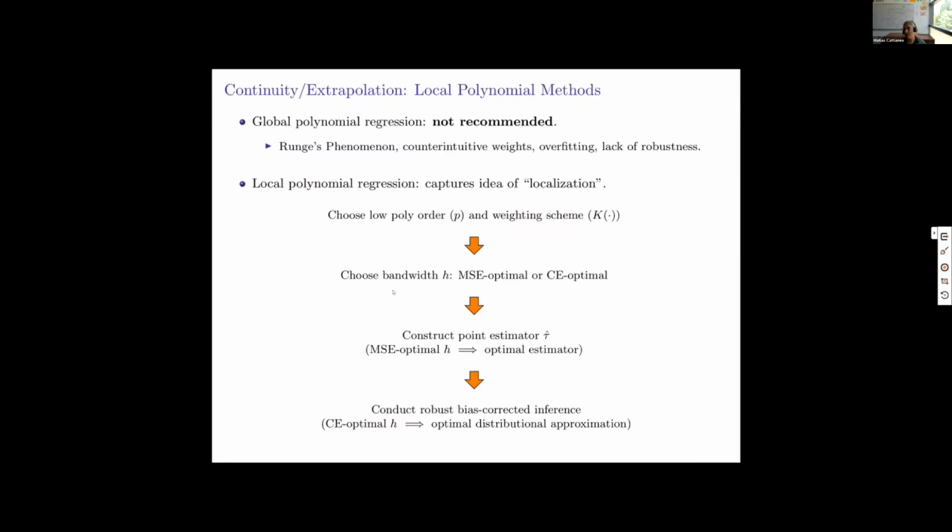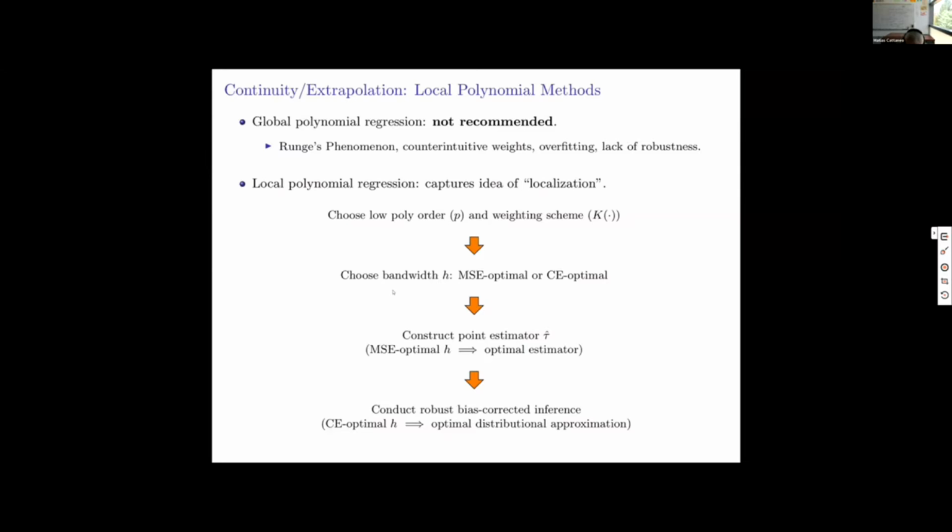So in the local randomization setting, instead of h, we use the notation of little w, just to mimic the edges of the window where the local randomization assumption was believed to give a good approximation to the underlying data generating process. In the context of local polynomials, we're going to use the letter h that determines, again, the distance from the cutoff that defines the region where we're going to conduct estimation and inference.